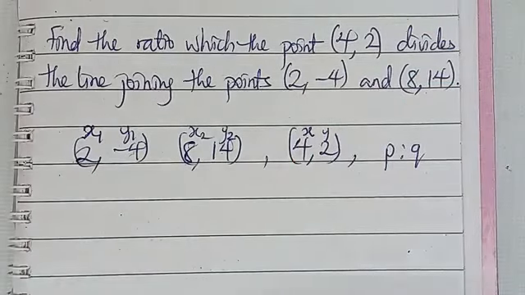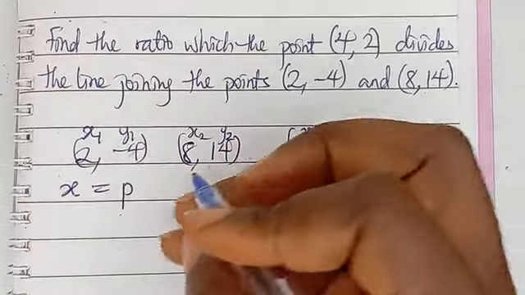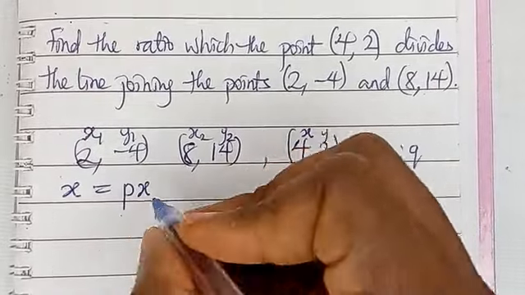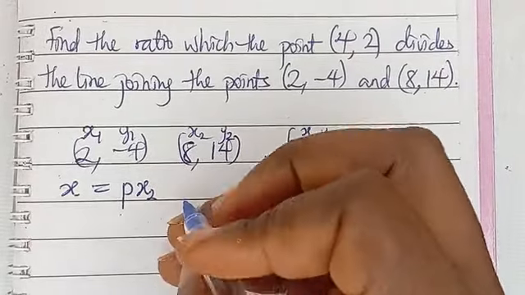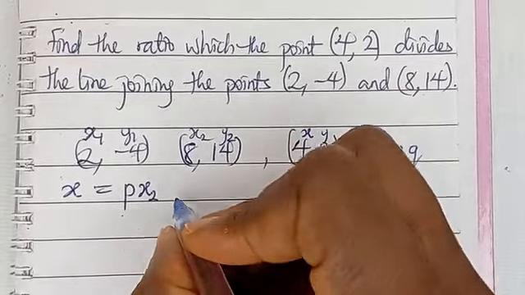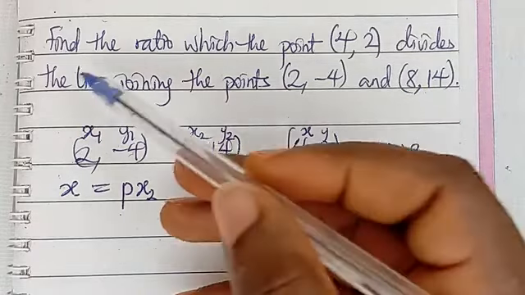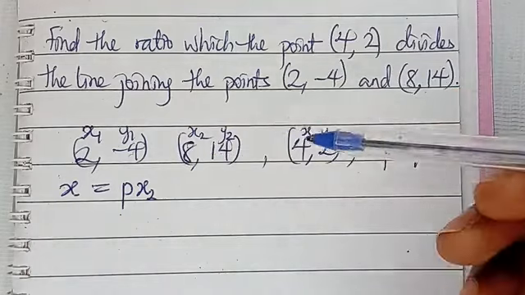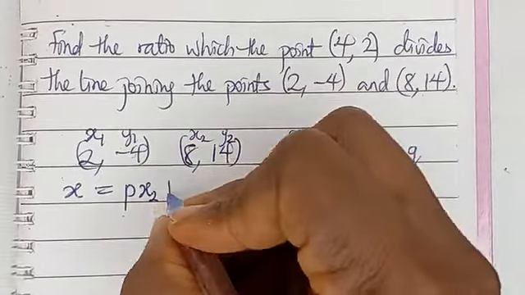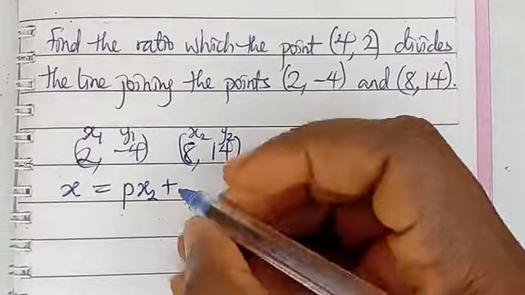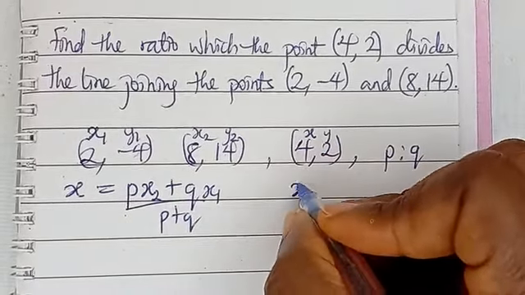By now, I believe we already know how to write out the formula: the x coordinate is equal to the first ratio p multiplied by the second value of x, x2. From the question, this should be an internal division, because if it's external, it would have been stated. So plus should be here, plus q x1 over p plus q.